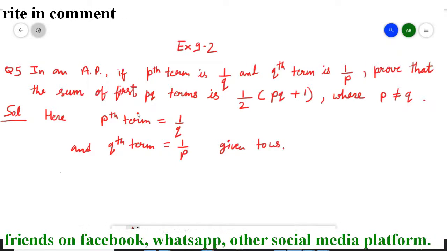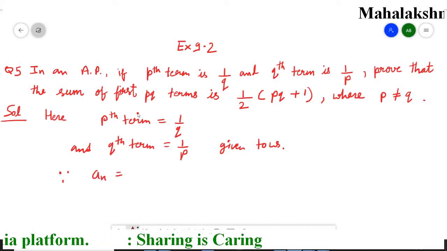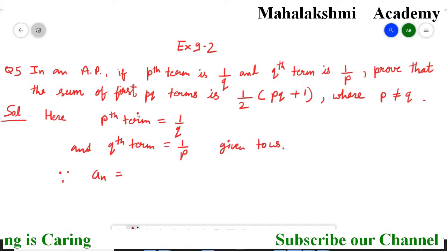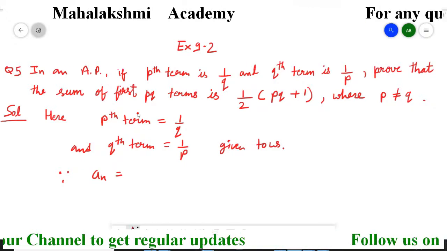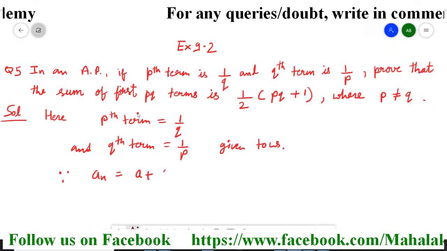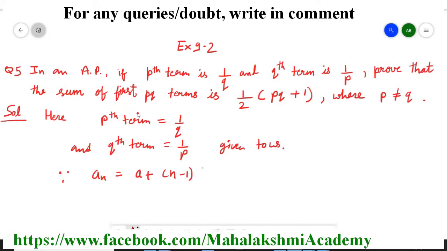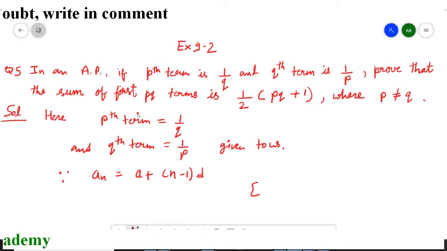After that we will write down the formula for the nth term. Because we are solving an AP, in arithmetic progression the formula for the nth term is an is equal to a plus n minus 1 d.